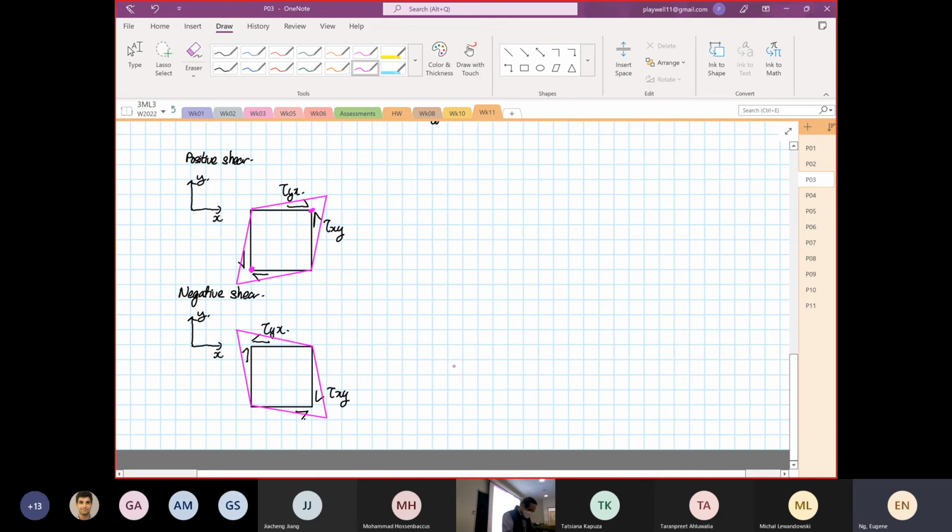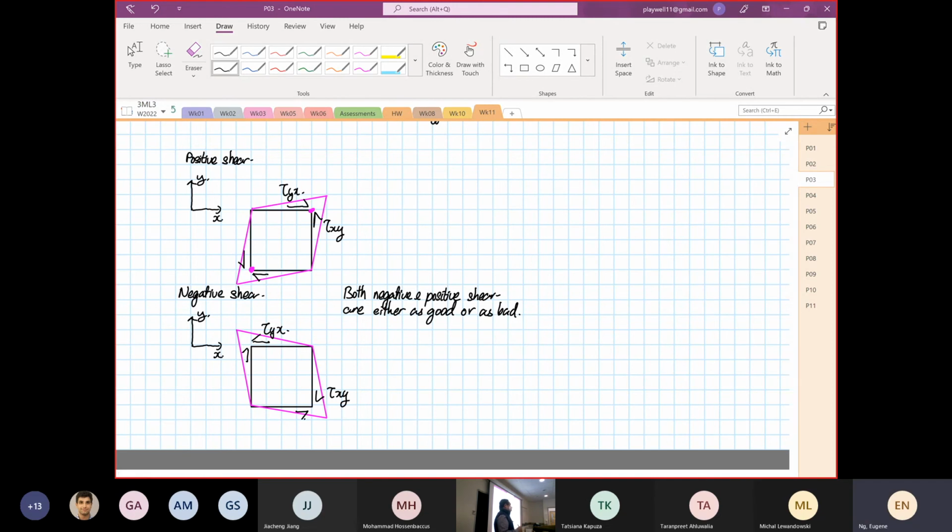Now I'll write this statement over here. Both negative and positive shear are either as good or as bad.